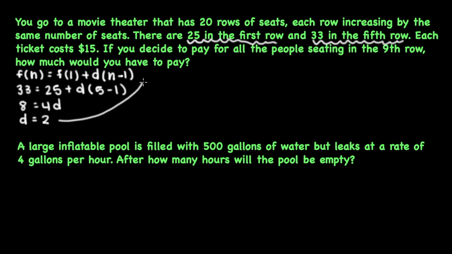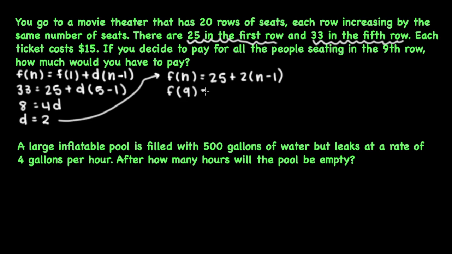Now to use this d, we can write our explicit formula for this problem, which is f of n is equal to 25 plus 2 times n minus 1. It's not necessary to simplify this since we're going to be using this equation. To find the number of people sitting in the ninth row, we could find the ninth term.